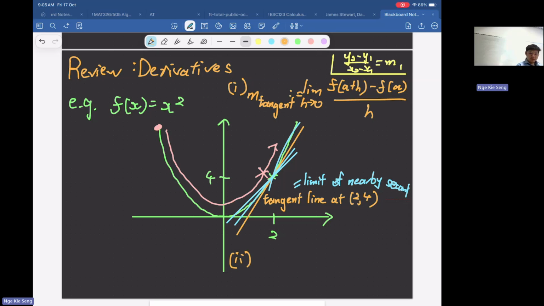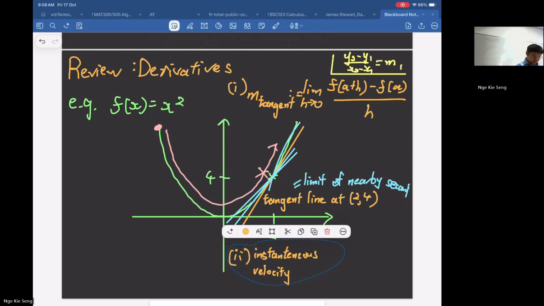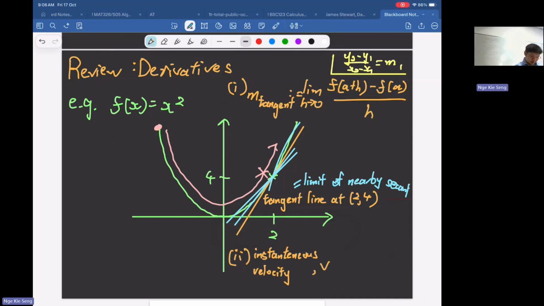We define the instantaneous velocity v at a to be the limit as h goes to 0 of f(a plus h) minus f(a), over h. So let's say (2, 4) is the point that we're interested in.